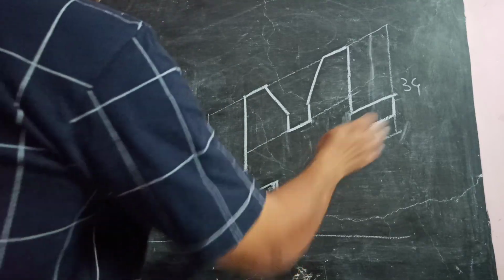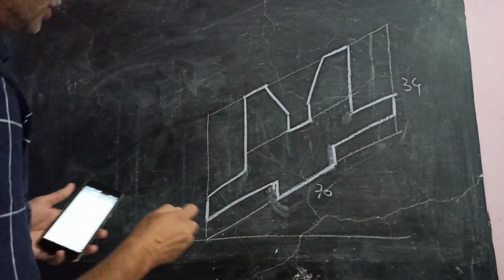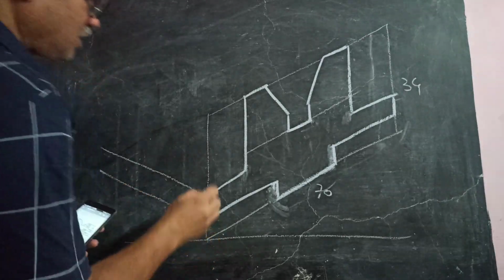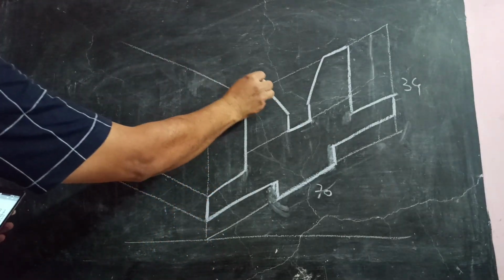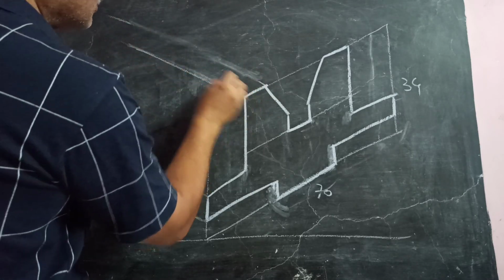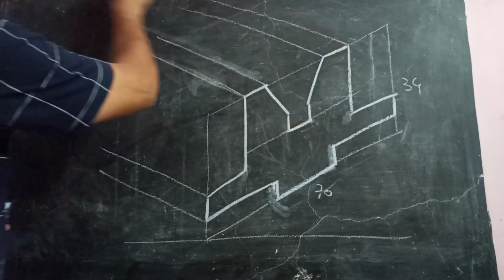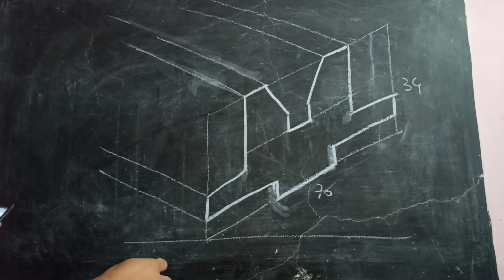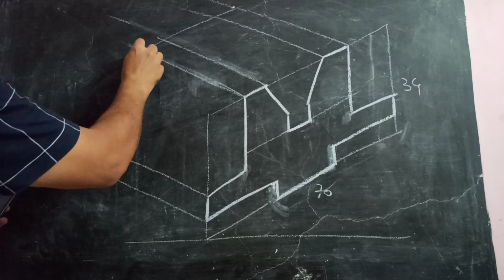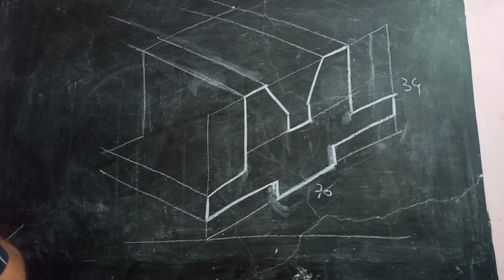Then in all these lines, the width of this is 40. So this is 40. This is 40. All these lines should be extended by 40. So 40 means somewhere else here, so you can mark a line here. This line should be parallel to this, and this line should be parallel to this.